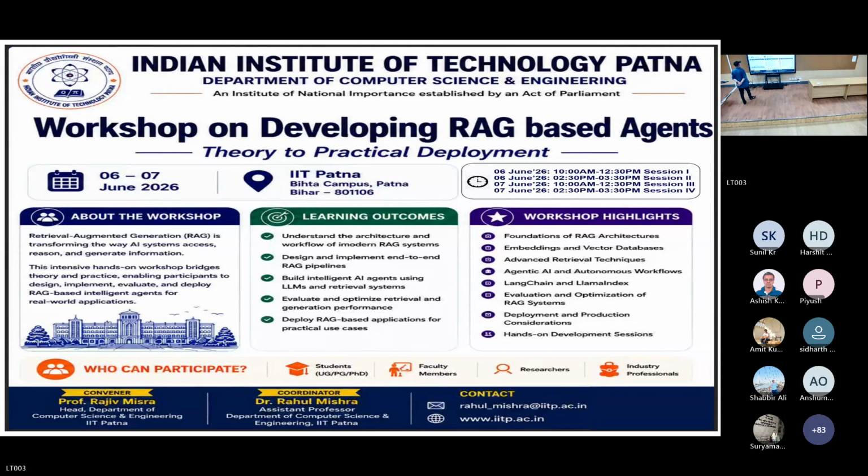So this particular technology called RAG stands for Retrieval Augmented Generation. G stands for generation. Generation means that when you are interacting with the large language models, the LLM responds to the user query.